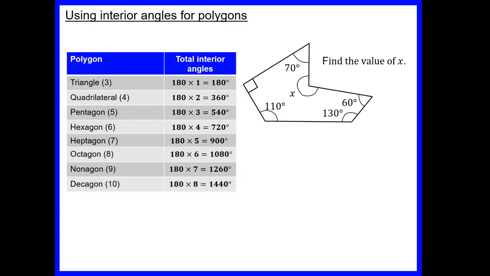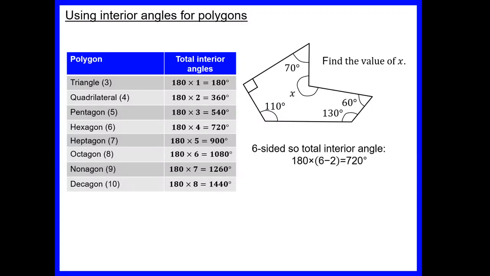So our first thing is to check how many sides our polygon has. So 1, 2, 3, 4, 5, 6. So it has 6 sides. A 6-sided shape, 6 take away 2 means 4, means I can split it into 4 triangles. So 180 times 4 is 720 degrees in total.